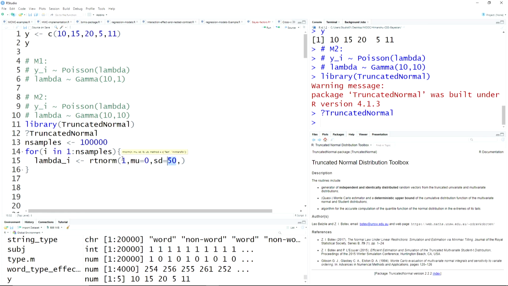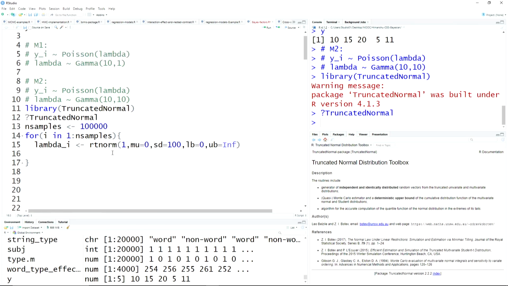If you want to allow higher values than SD 100, it is also fine. Then lower bound is 0 and upper bound is infinite. That would give me one lambda value, basically one proposal for lambda.